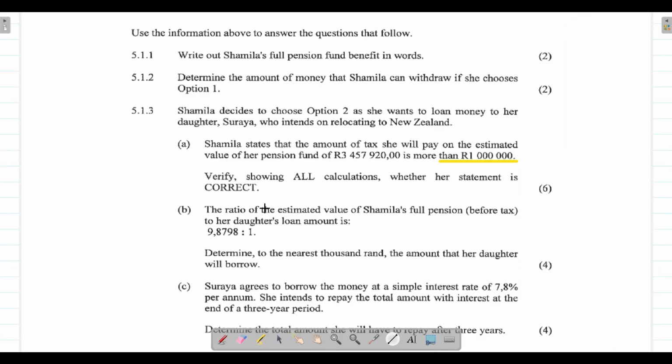Remember, in the statement that she made, she said that if she takes her full pension fund of 3,457,920, she will pay more than 1 million on her tax. Okay, so what did we calculate here?